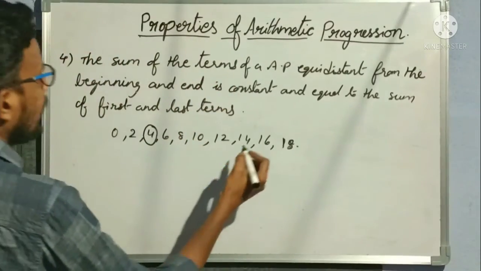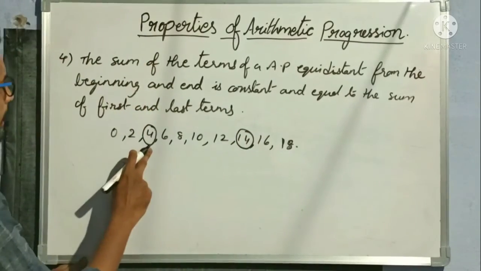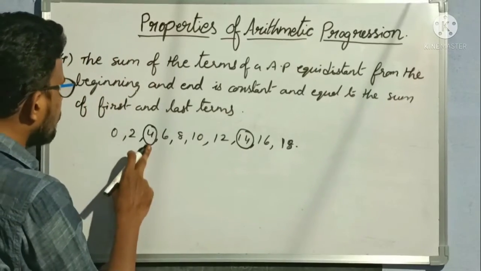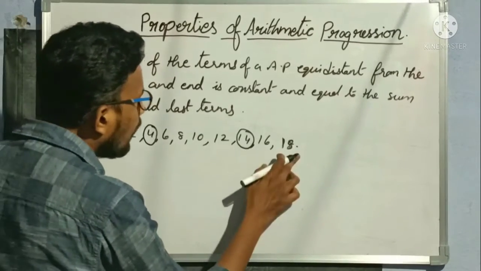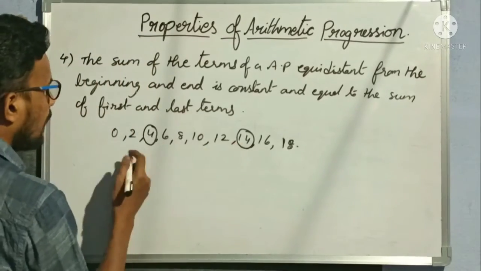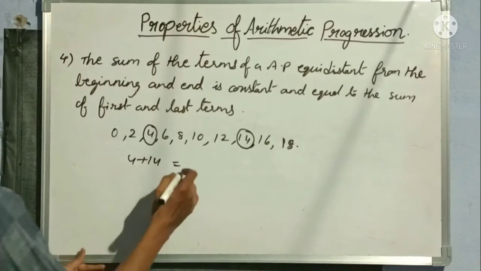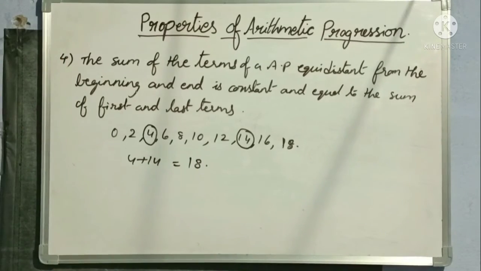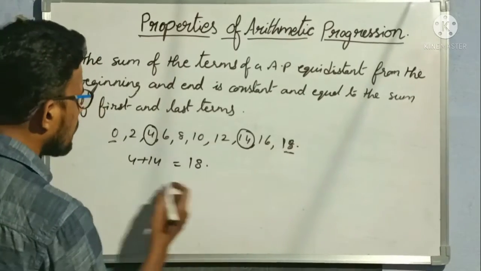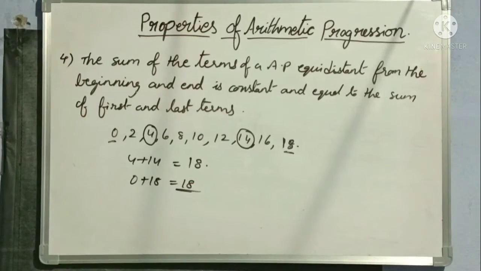Beginning and ending. From the beginning, the third term is this one, and from the ending, the third term is this one. The sum of these two numbers, 4 plus 14, is equal to how much? Is 18, right? And if we consider the first term and last term, the sum of these two numbers is also what? 0 plus 18 is 18.